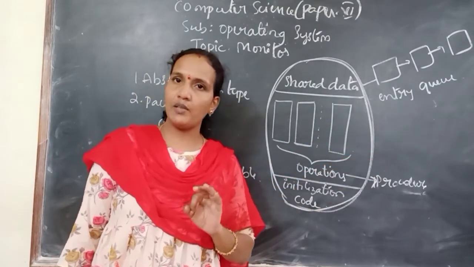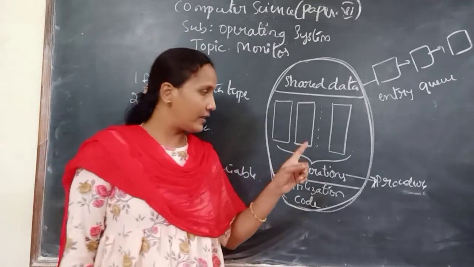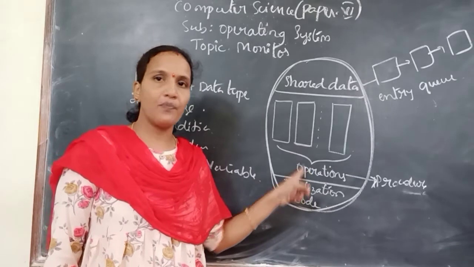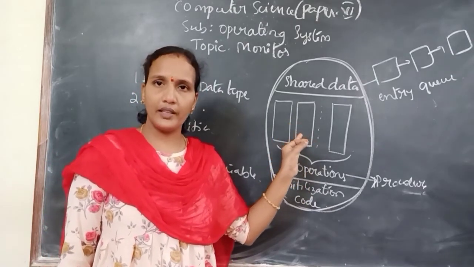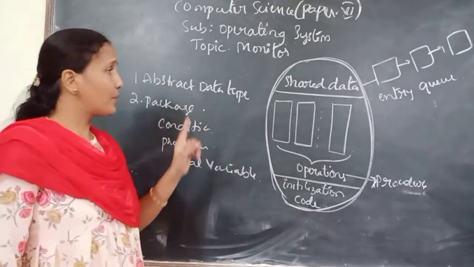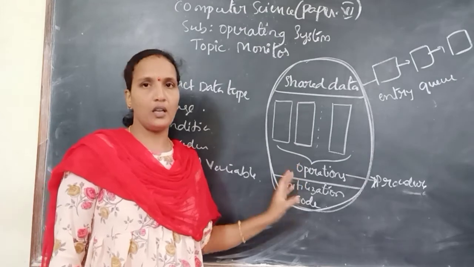Variables declared inside the monitor are called local variables, and they are used by the functions declared inside the monitor. Clear? Now it contains the conditional variables, operations and local variables.